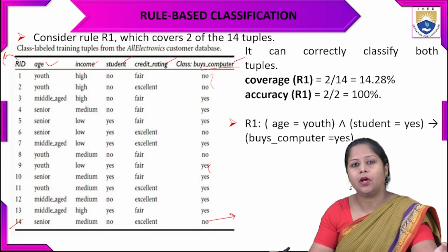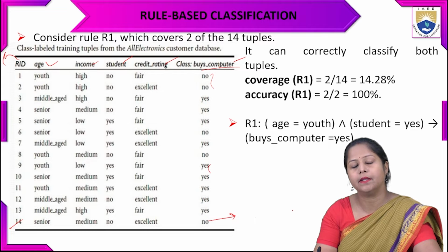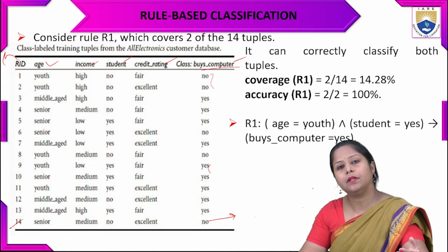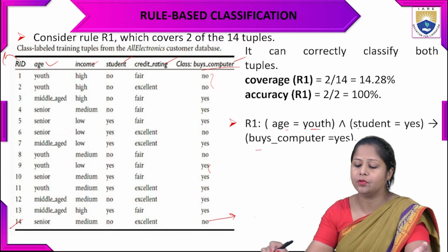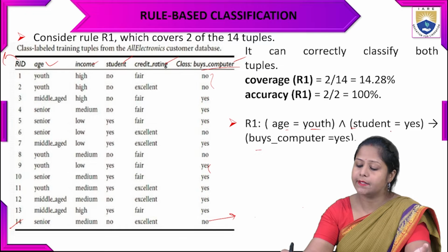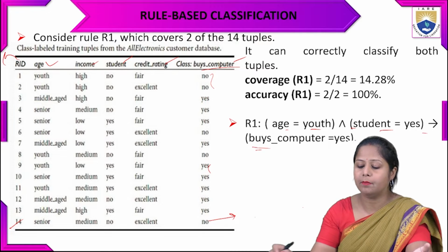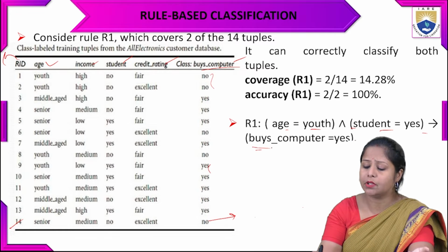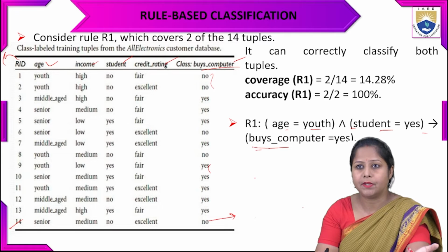That was basically the AllElectronics customer database, and from there we have taken this particular table. If we write the rule, R1 is: age is equal to youth and student is equal to yes, then buys computer is equal to yes.